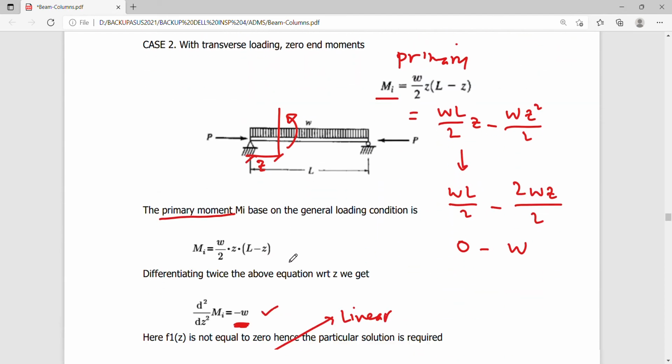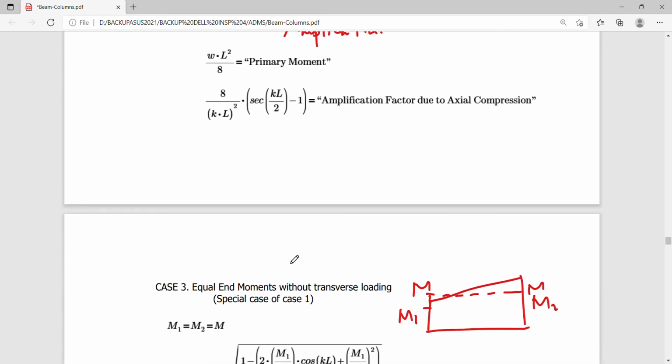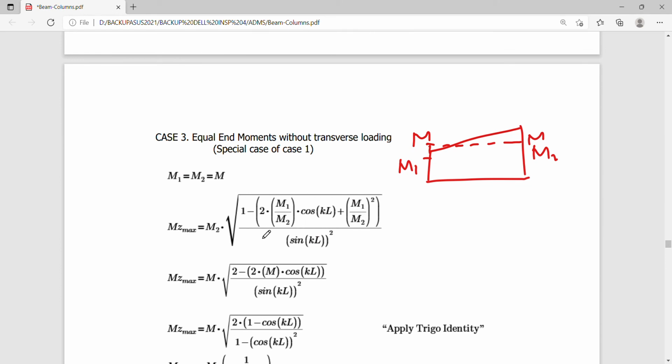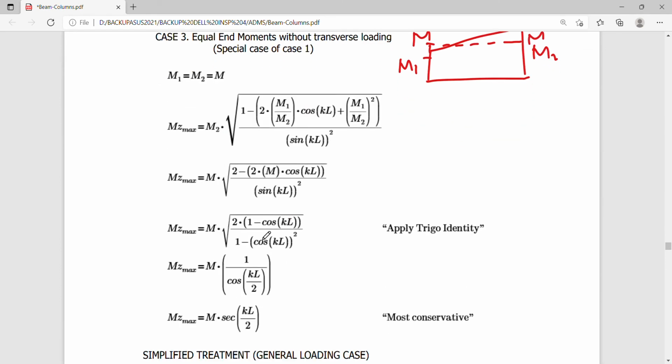So I just rewrite that equation here and then simplify it by simply taking note that M1 over M2 is simply equal to what?